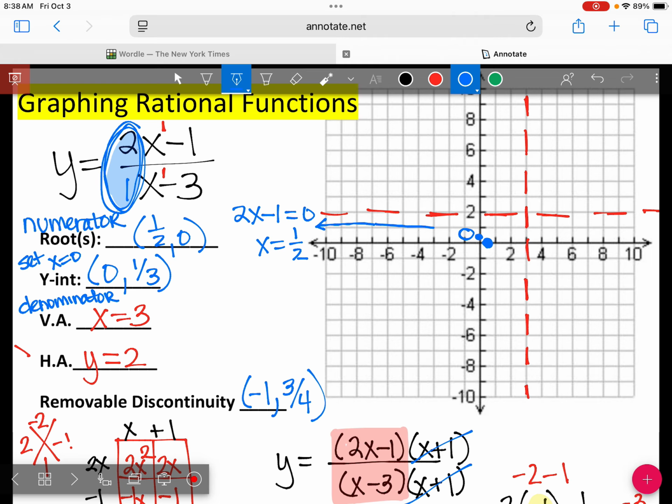It's going to come in, hit the removable discontinuity, kind of skip over that, and then keep traveling towards the vertical, and it can't go through it. So it just has to go straight down. We don't need to plug in 3. So let's plug in 4 and 10. Let's see what we have going on at 4 and 10. And again, you're only using what is left.